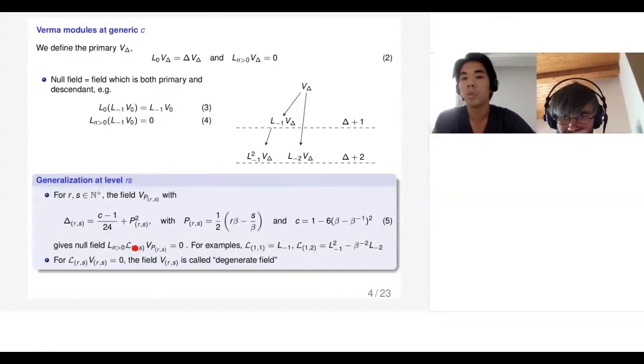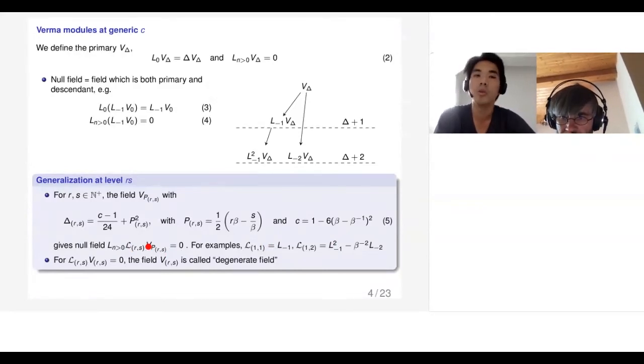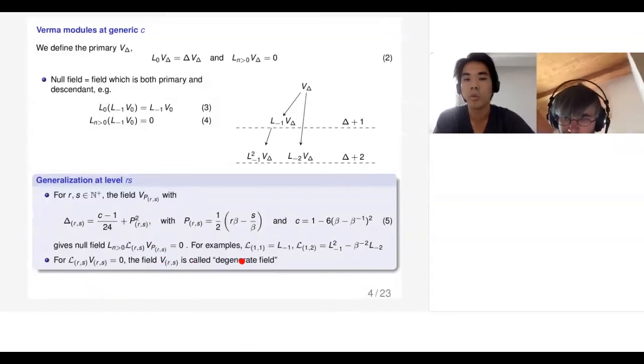And as we have seen, for instance, at level 1, it's just L_{-1}, and it gets more complicated as you go to higher level. And whenever this null field or null descendant vanishes, the Verma module becomes degenerate. So in that case, I would refer to this primary field as a degenerate field.